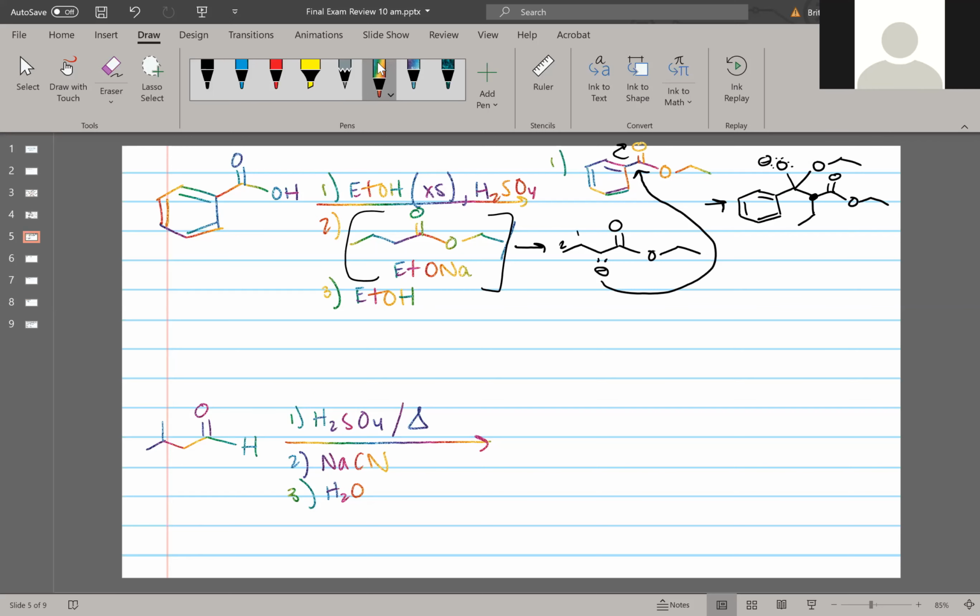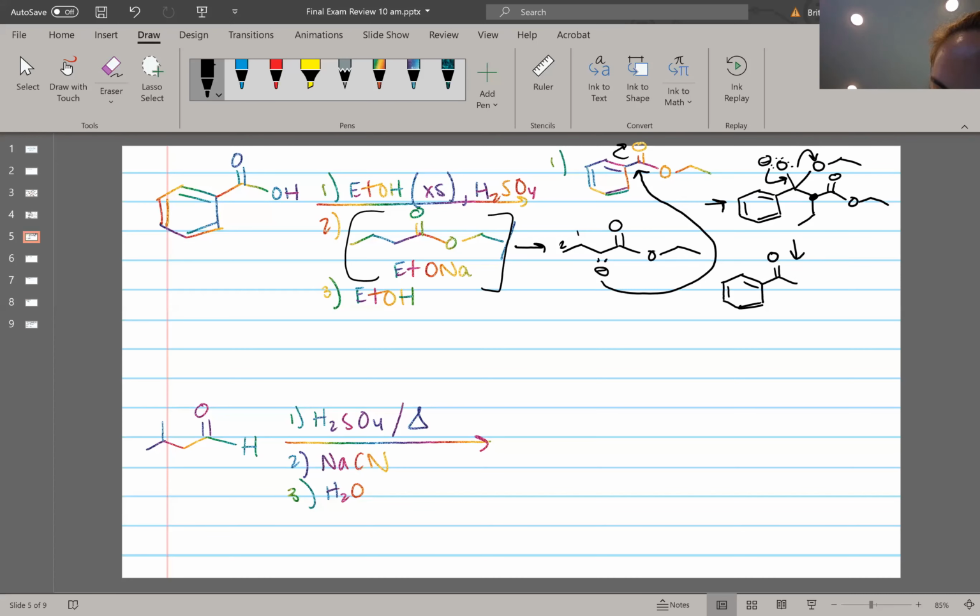The carbonyl bond is going to reform and the ethoxy group will be kicked out. Yeah, so we reform our pi bond and we kick out the ethoxy group. And that gives us our beta keto ester.